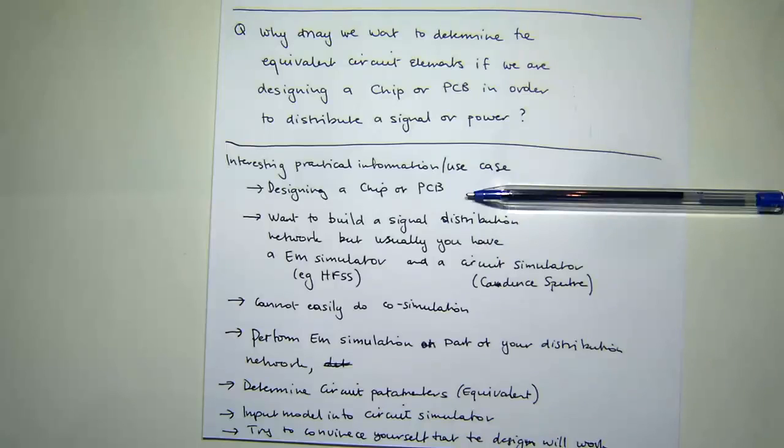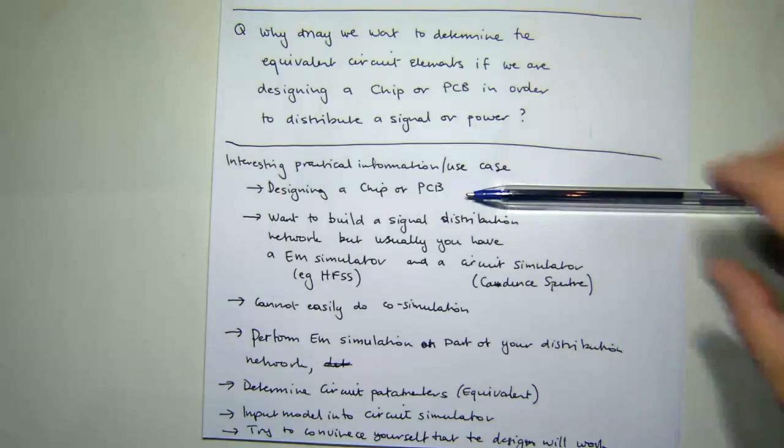But you can think of it as: I get an electromagnetic simulator, I work out my equivalent circuit parameters, and I put them into my circuit simulator in order to work out if the circuit that I'm building is actually going to meet the required characteristics. Is it going to give me the desired performance at a particular frequency, across process, across whatever?